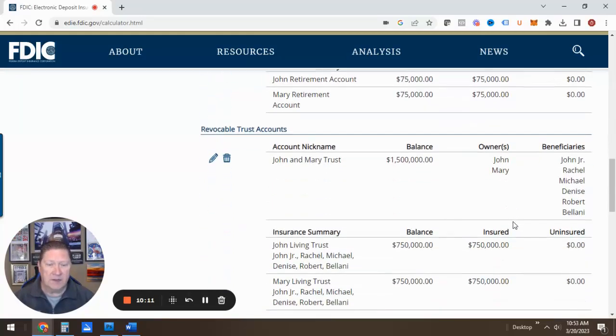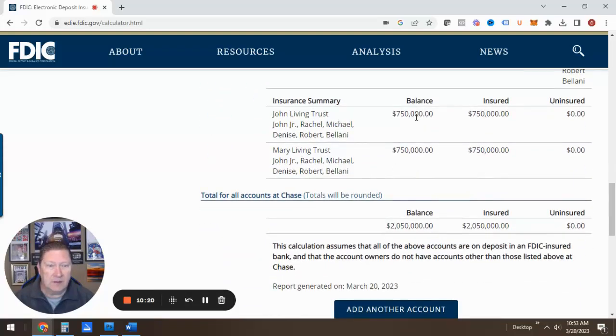This is huge. Now, let's go to the trust because it's so big. $1.5 million on the account. 750,000 for John's side, 750,000 for Mary's side. The insured amount is 1.5 million. Why? Because there are 6 beneficiaries. 6 beneficiaries at $250,000 each is $1.5 million.